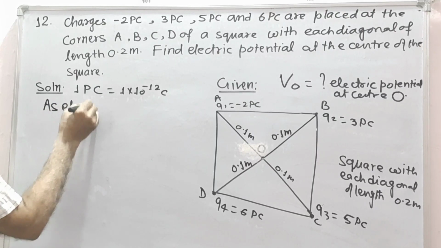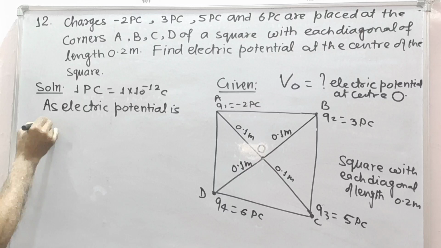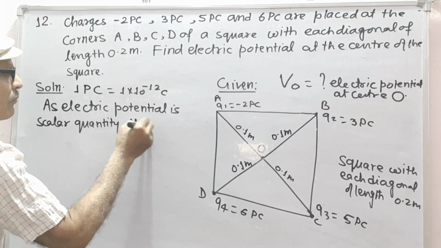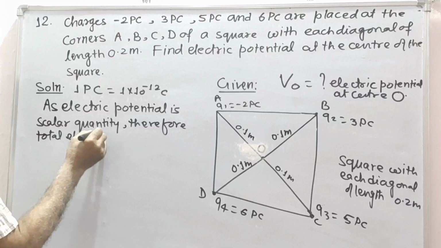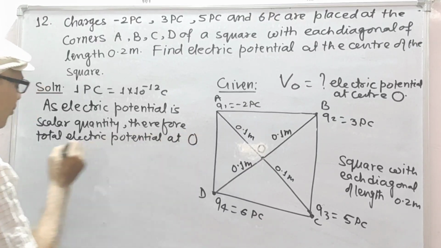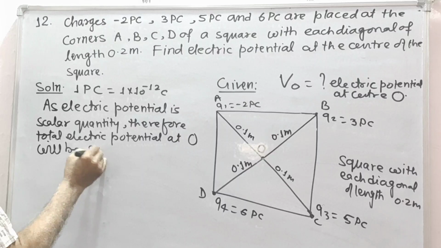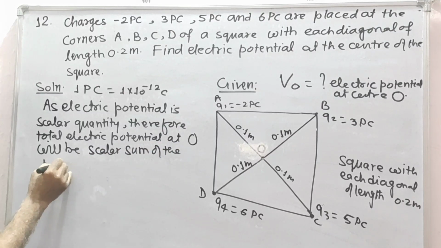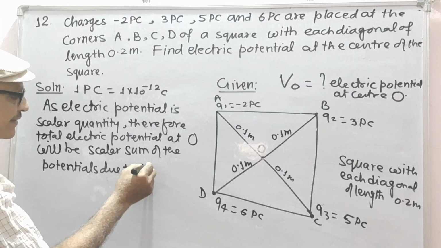As electric potential is a scalar quantity, the total electric potential at center O will be the scalar sum of the potentials due to each charge.